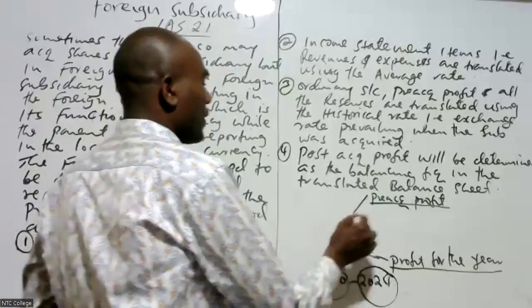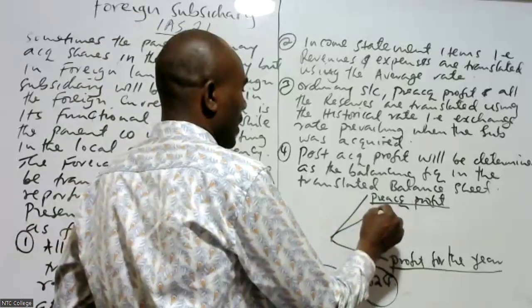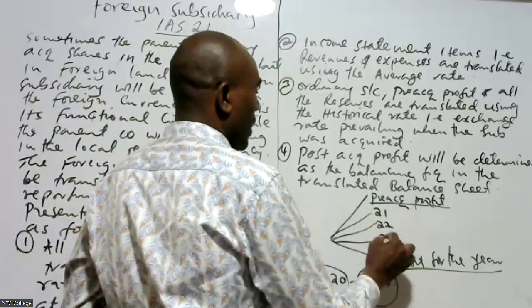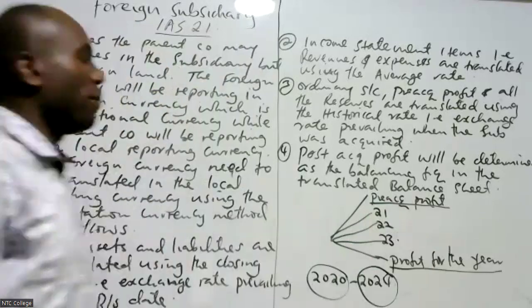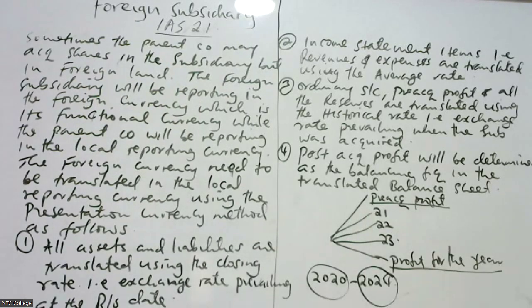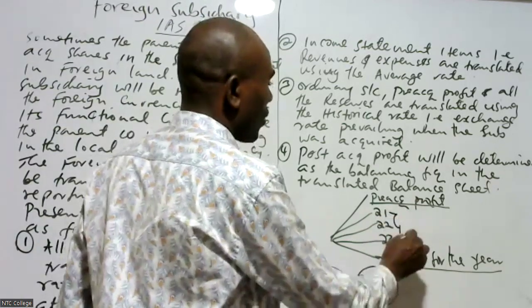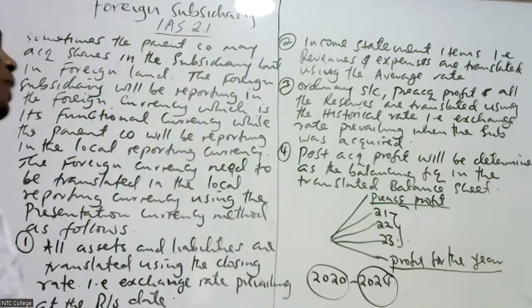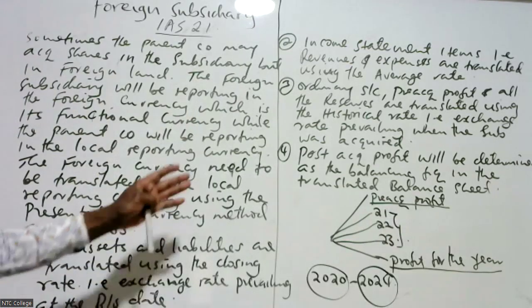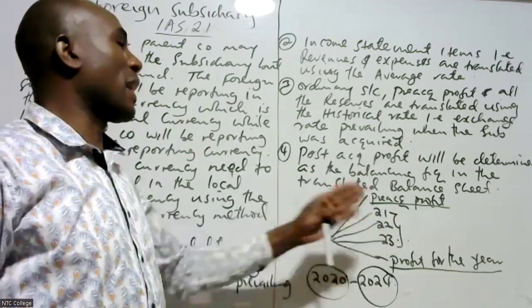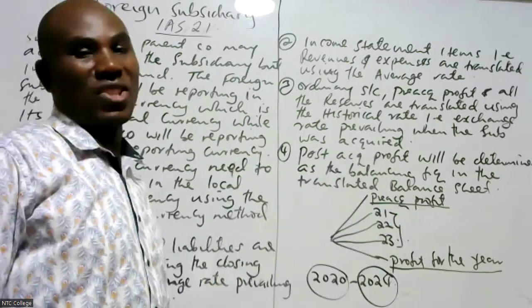And here we have different profits like in 2021, 2022, 2023. Therefore, that middle profit is what I'm calling post-acquisition profit. Therefore, we shall not have an exact translation rate for that one. So post-acquisition profit will be determined as the balancing figure in the translated balance sheet.